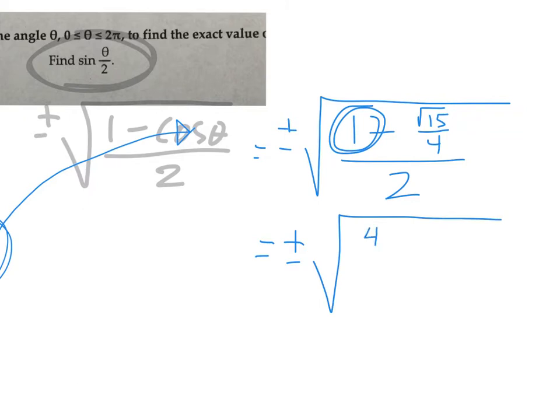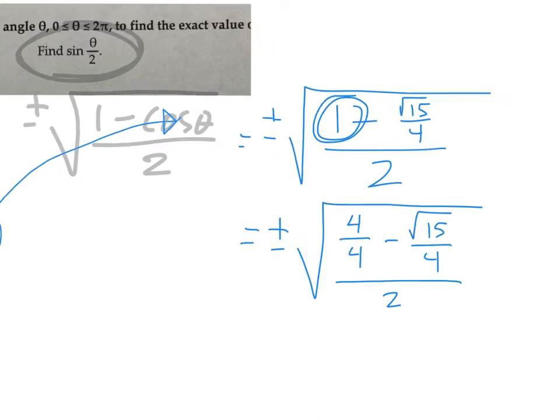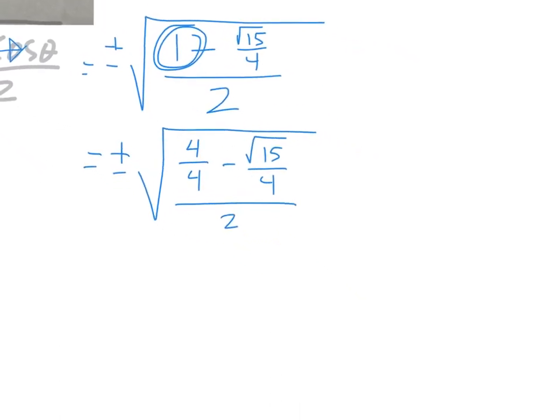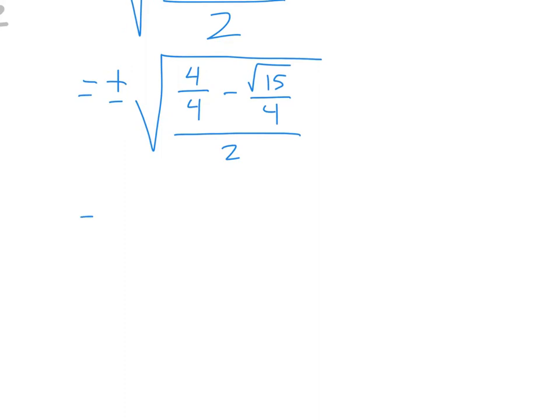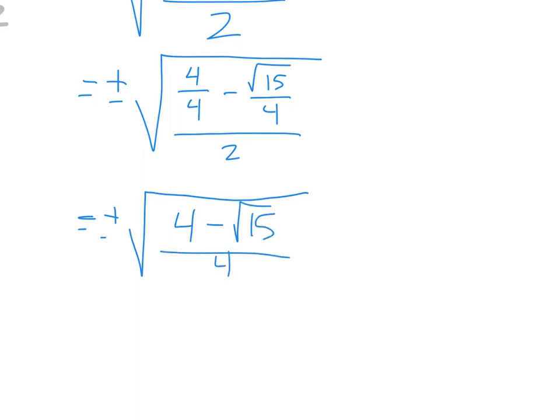So 1 is going to be 4 divided by 4 minus root 15 over 4, all divided by 2. So I have now 4 minus root 15, all divided by 4, divided by 2.